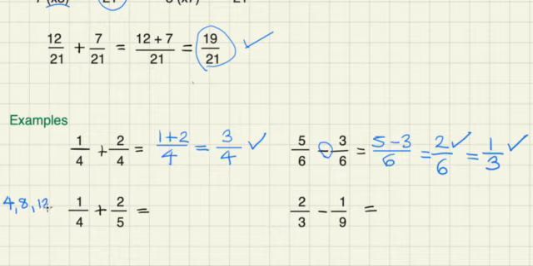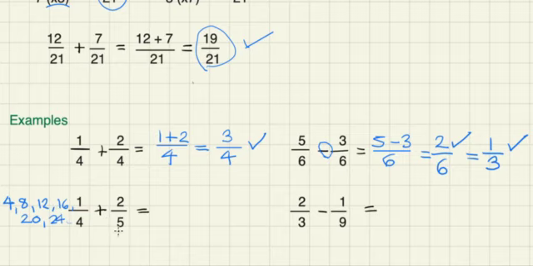I'm going to run out of room a little bit. 12 plus 4 is 16. 16 plus 4 is 20. 20 plus 4 is 24, and we can carry on. Hopefully we'll have a similar denominator before so many repetitions.